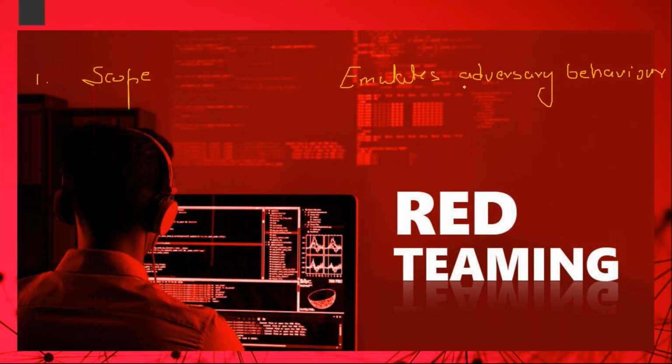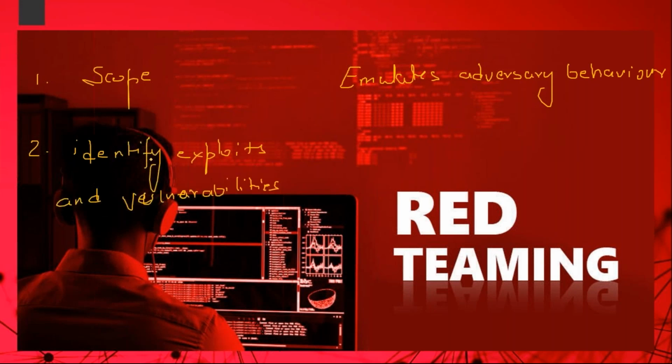We have the scope in pen testing, but in red teaming we are emulating the adversary's behavior, right? One more thing: in pen testing, we are only identifying the exploits and vulnerabilities. But in red teaming, we assess the resilience of the organization against adversary attacks.